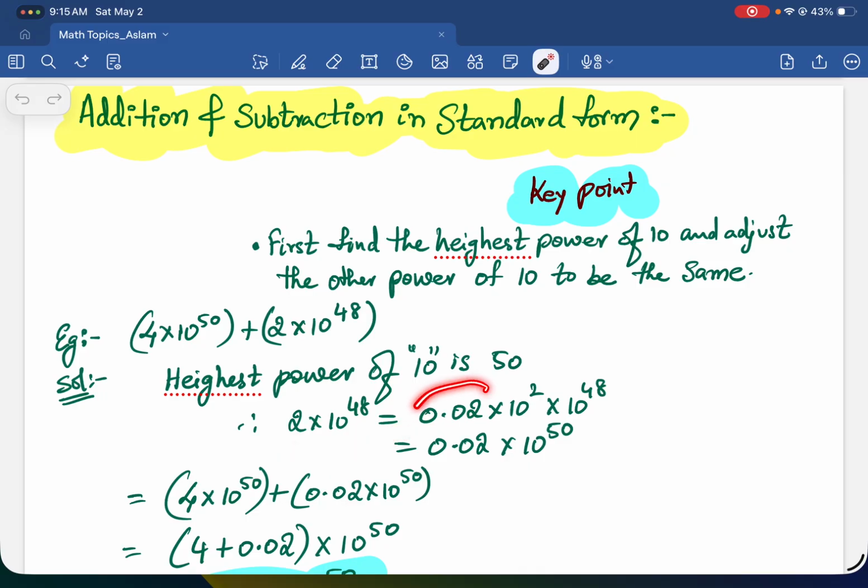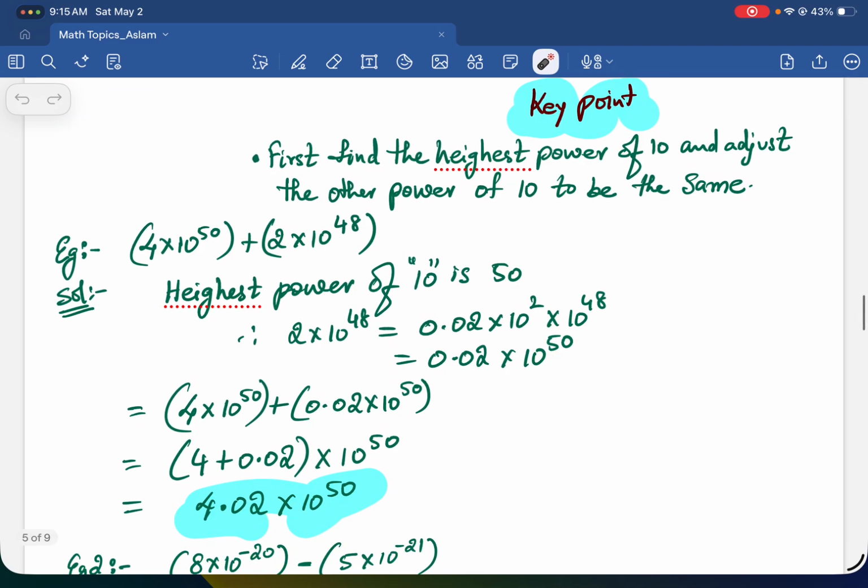Now we got this 0.02 into 10 to the power of 2 times 10 to the power of 48. So we made this 48 as 50, by rewriting this number. So 2 into 10 to the power of 48 is rewritten as 0.02 into 10 to the power of 50. So we have made our first key point, that we made the 50 and 50 the same.